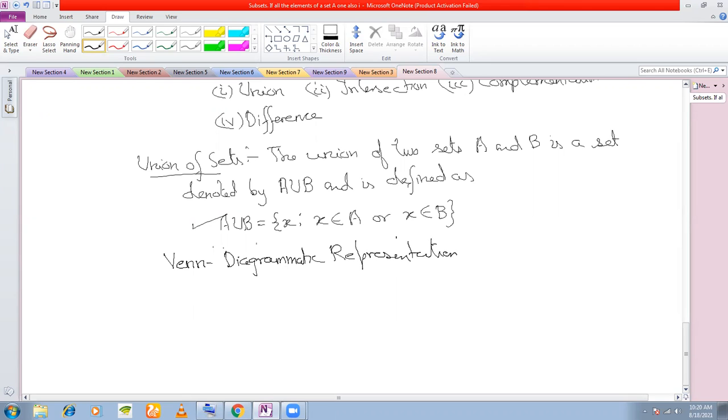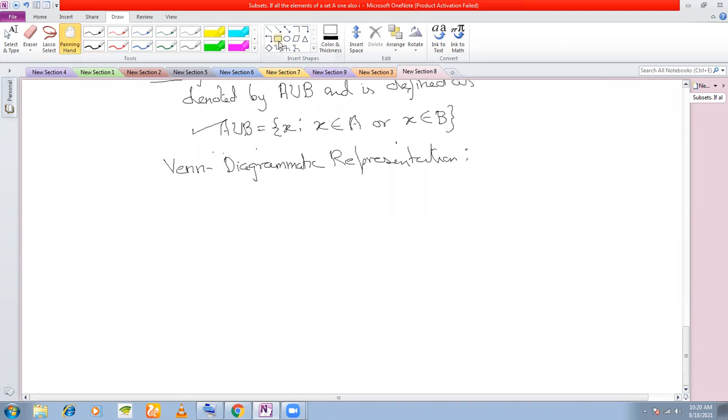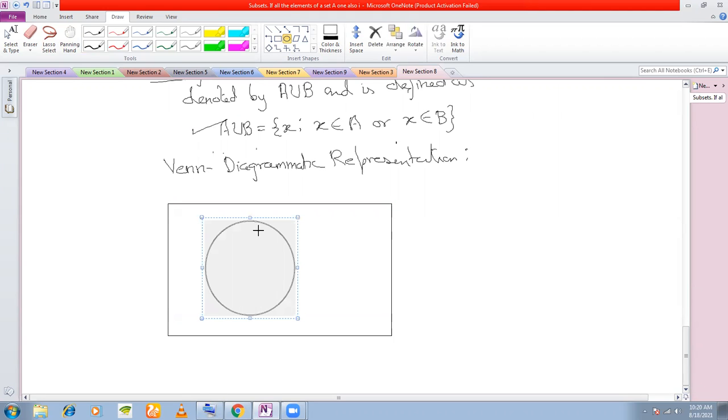Venn diagrammatic representation of union. How will it look? You've already done it for two sets. For A and B, this is your universal set.